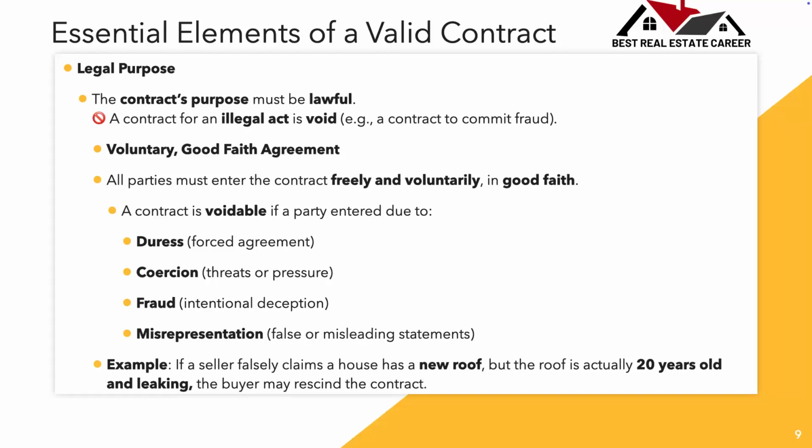And that's what you're going to have to know for your exam. Just because something is found out down the road does not automatically mean that the contract is void. It is at the sole, subjective discretion of the party affected. And in this case, it's the buyer.